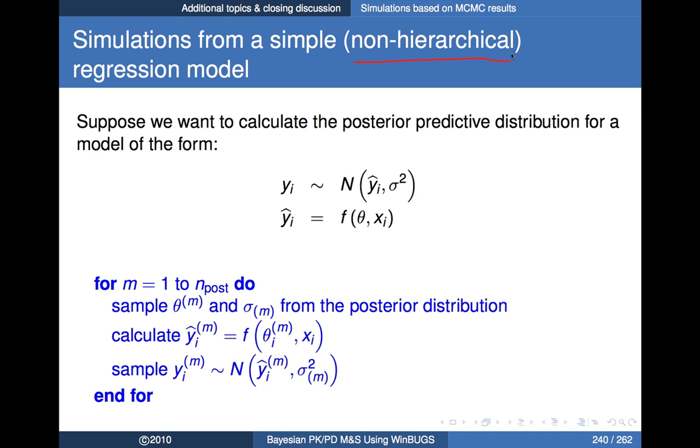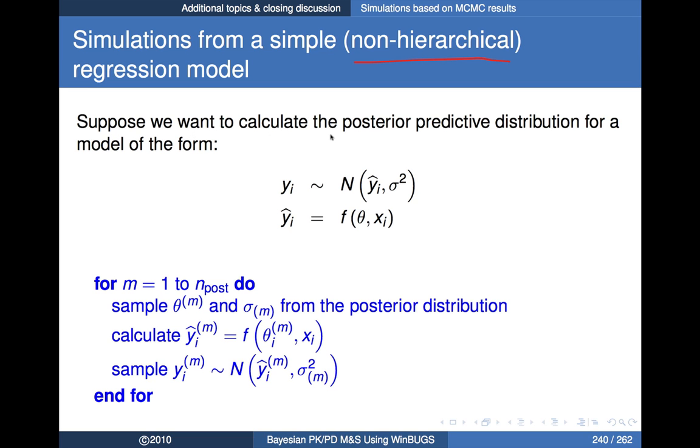We've only got one level of variability, typically referred to as residual variability, and no other sources of random variation other than the fact that, of course, we've got prior distributions for all of our model parameters. To make this more concrete, I'm going to pick a particular model form, but the things I'll be saying are pretty easily generalized to other cases.